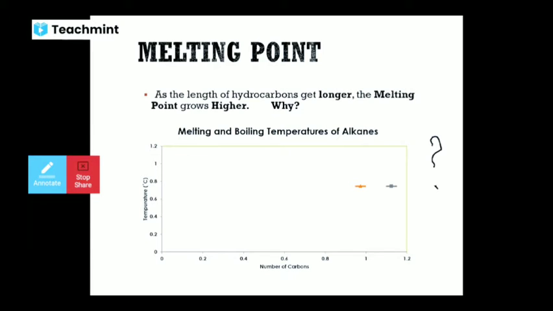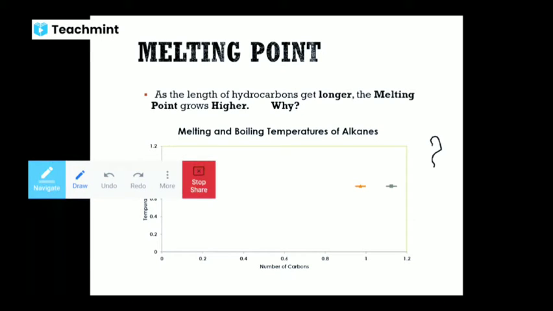We can see here the number of carbons versus the temperature. As the number of carbons increases, the temperature also increases. This reason should be given by the audience. Okay, let's move to the next one.